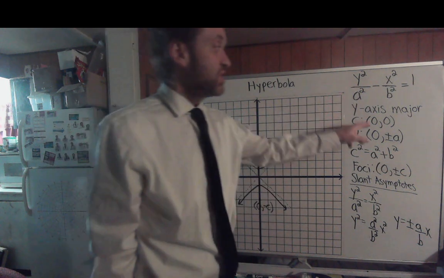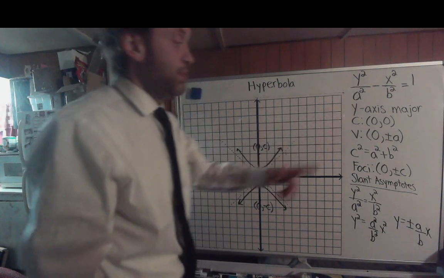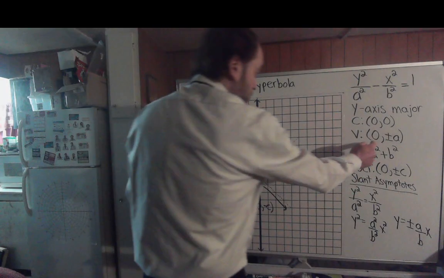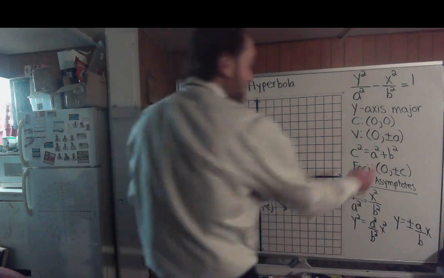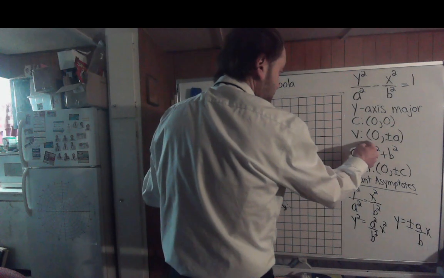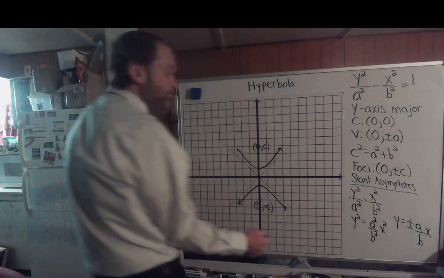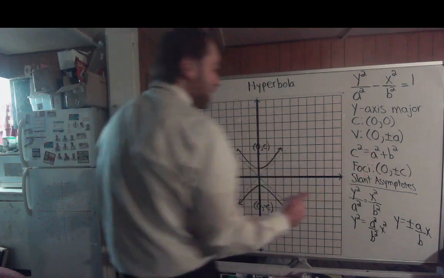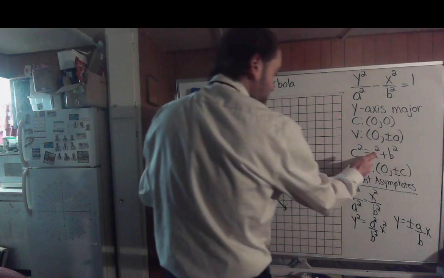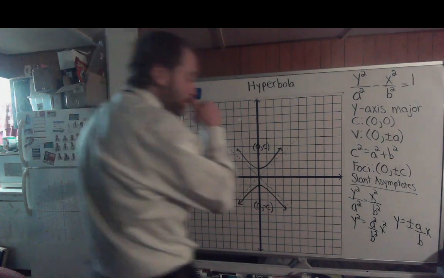The center's still at 0, 0, but if the y-axis is the major axis, you'll keep your x-coordinate of 0 the same, and you'll add plus and minus a to the y-coordinate of 0. You'll get your vertices at 0, plus or minus a, which we have right here. Finding the foci is still the same. You find your c, where c squared equals a squared plus b squared.